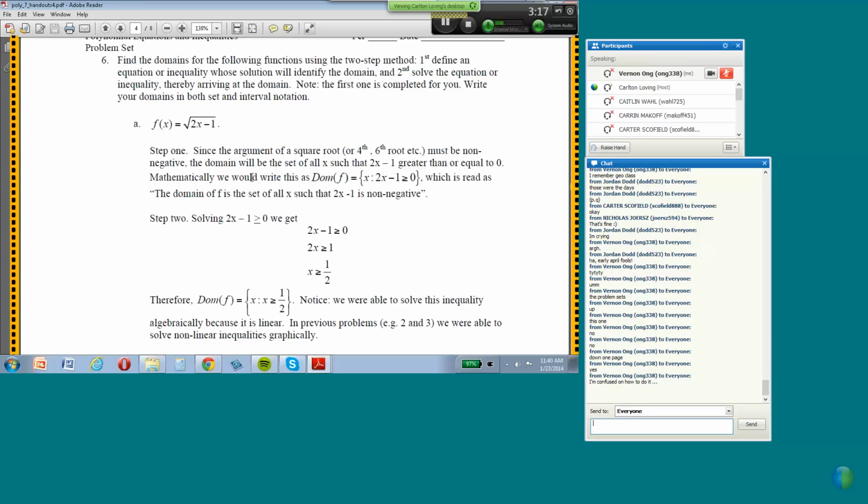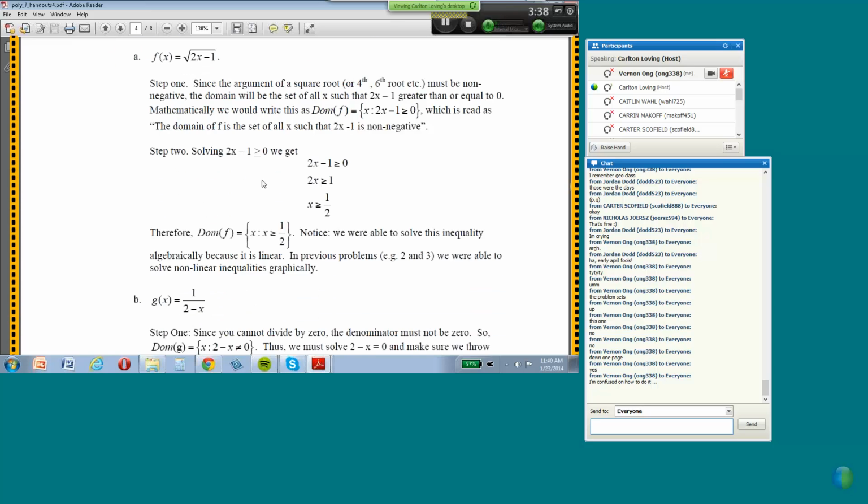Mathematically we would write this as dom f is equal to x such that 2x minus 1 is greater than or equal to 0, which is read as the domain of f is the set of all x such that 2x minus 1 is not negative. Step 2, solving this, we get x must be greater than or equal to 1/2.